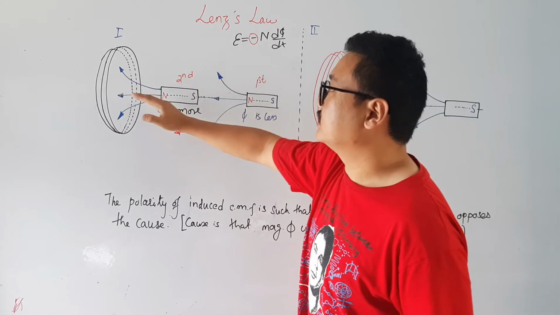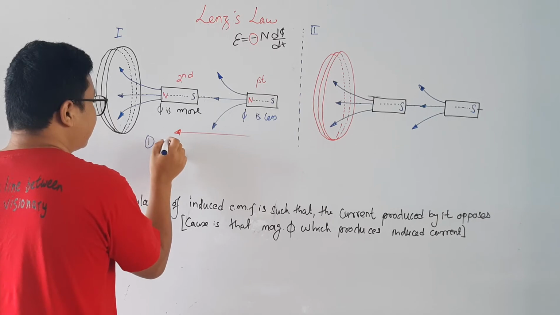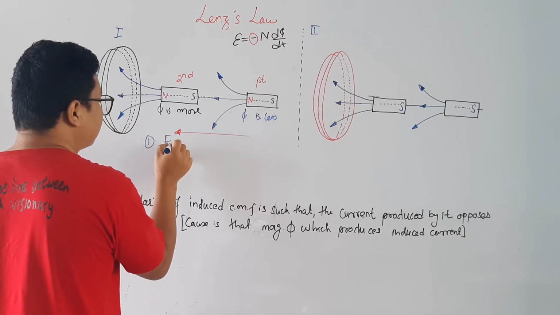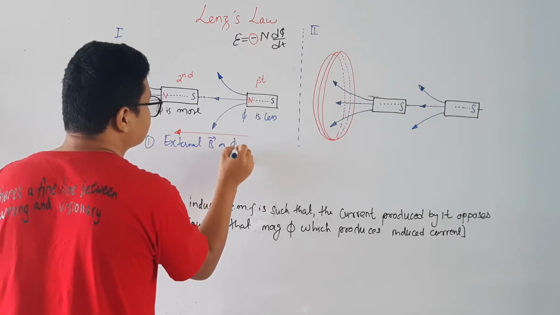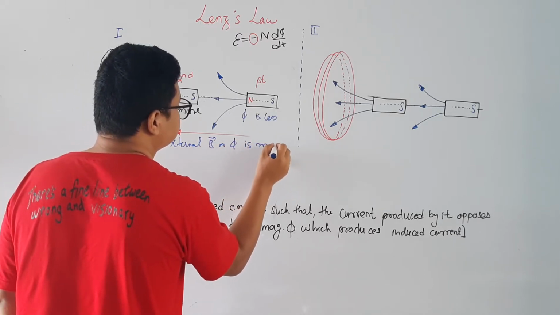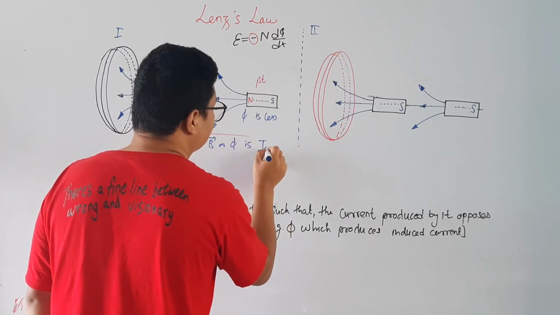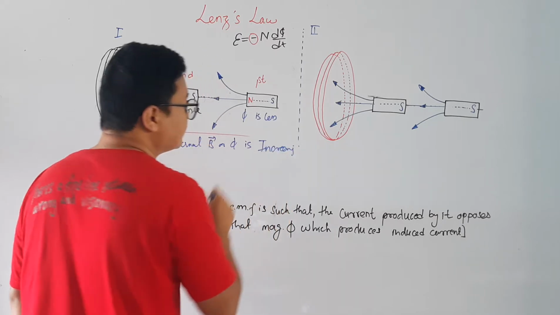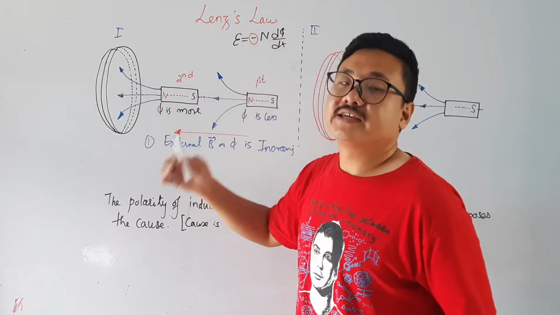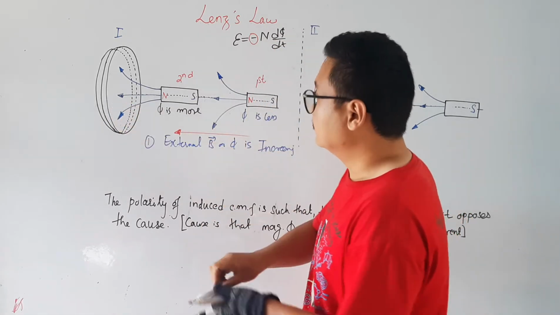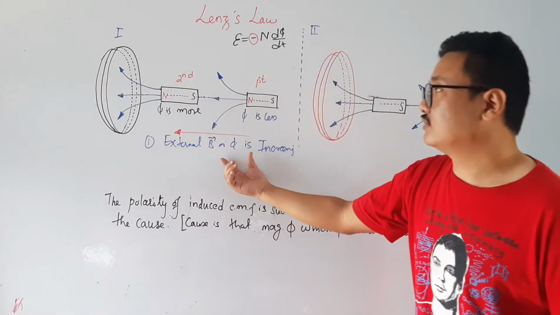So the external magnetic flux is increasing. Very important, isn't it? As I move it, the magnetic flux linked with the coil will keep on increasing.